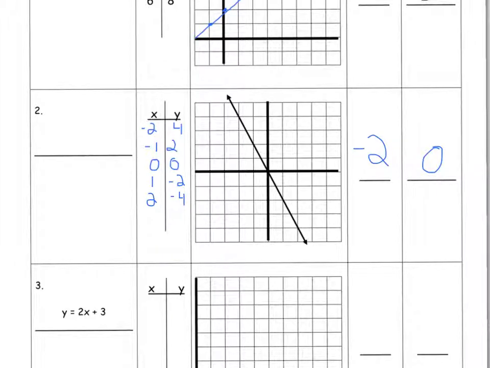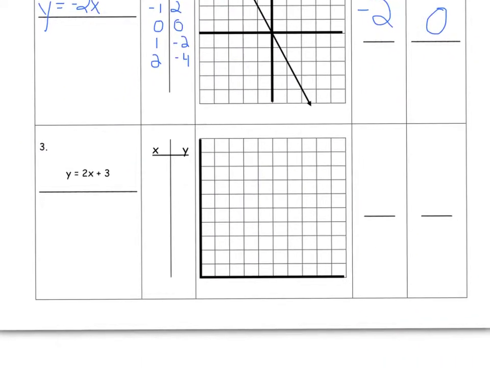Alright, so we have our y-intercept, we have our rate of change, the graph is already done for us, and then we have the table, so all that's left is the equation. The equation is going to end up being y equals negative 2x, because that's the rate of change, and we don't say plus 0 for the y-intercept, we just leave it alone. So y is going to equal negative 2x.